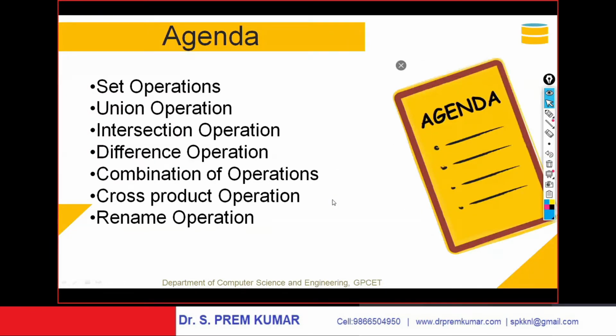Let us have a discussion of today's class. The outcomes of today's class should be set operations: union operation, intersection operation, set difference operation, and the combination of all these operators, and of course cross product and rename operations.